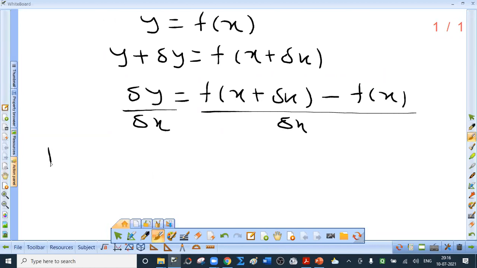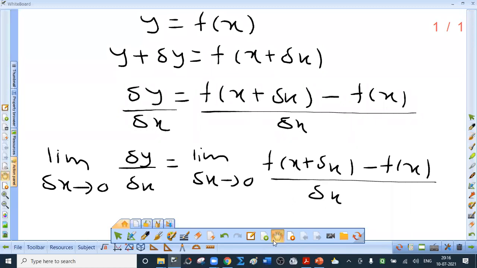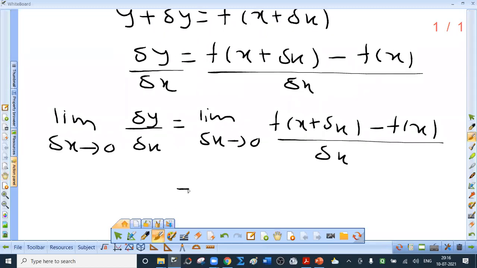Now take the limit on both sides. So the limit as delta x tends to 0 of delta y upon delta x. On the right hand side also, the limit as delta x tends to 0 of f of x plus delta x minus f of x upon delta x. Note that the right hand side is nothing but f dash of x. I began the lecture by using this only. This is called the derivative of the function f with respect to x, that is f dash of x.